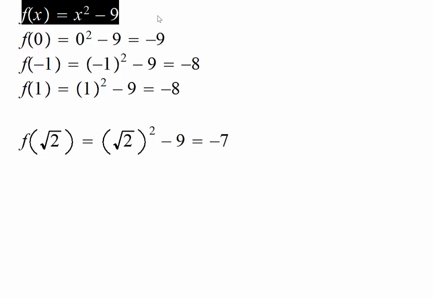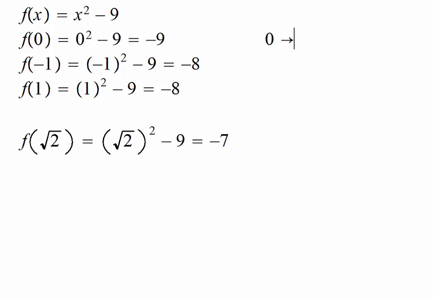If you give x a value, then f(x) returns another value for that given value. So for example, here for 0, it returned a value of -9. Then for input -1, it gives an output of -8. And even in the case of 1, it gives an output of -8.